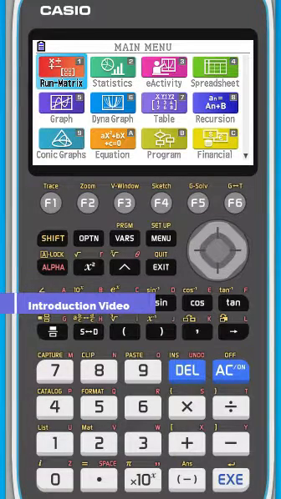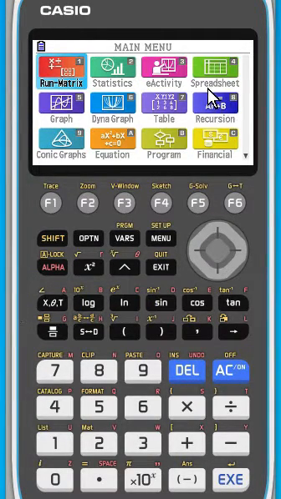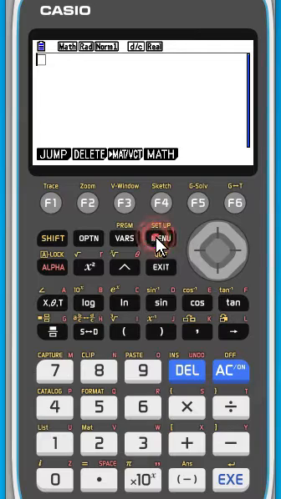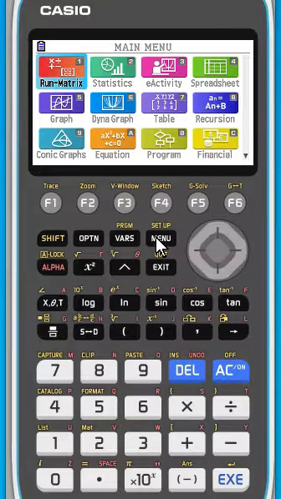So let's start. This is the home screen of Casio CG50, and this comes when you turn on the calculator or when you push menu. All the important functions in CG50 are divided into various clusters. Those are known as menu. So one, Run-Matrix, you do all your computational related problems.